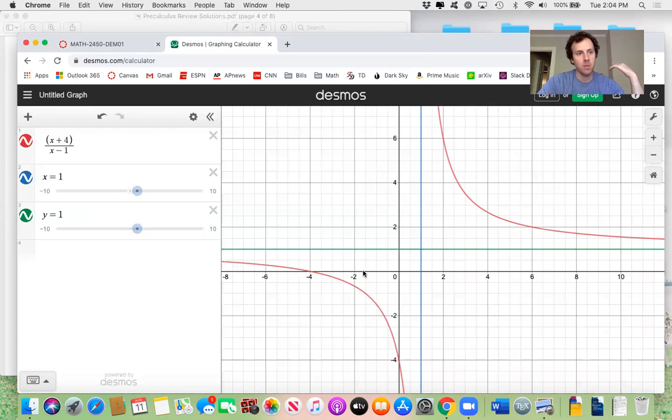Or what we can do is say, well, graphically we can see there's 1, 0, -4. What would I have to do to justify that by doing algebra? And so the graph tells you that you should only get 1, 0, and it should be -4. And if you solve the equation, x + 4 over x - 1 = 0, that will verify what you saw by looking at the graph.